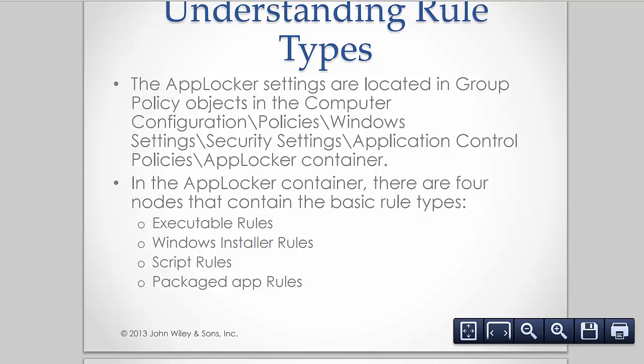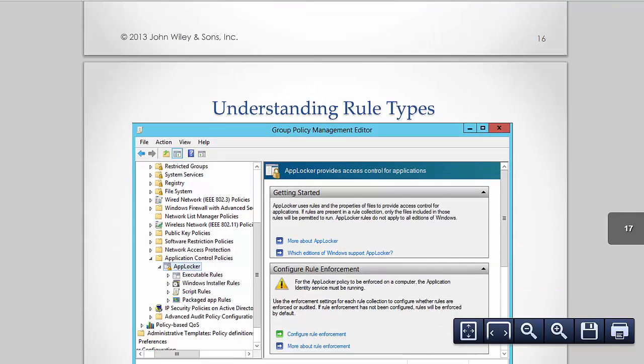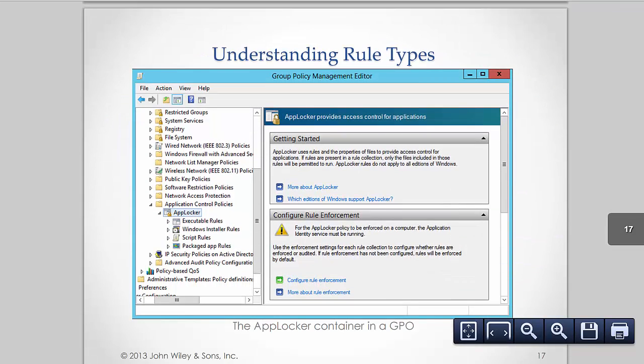But the cool thing about this is what changes is now suddenly all applications are blocked, and we have to create rules, instead of rules for blocking applications. If you think about that, blocking applications that people want to run could be extensive. Here, by default, we're blocking, and now what we're doing is creating rules that allow applications to run.